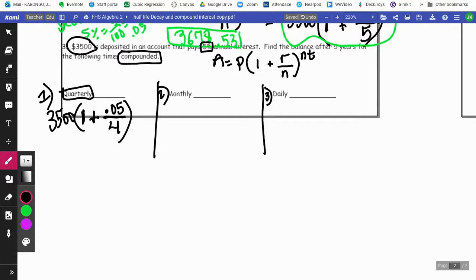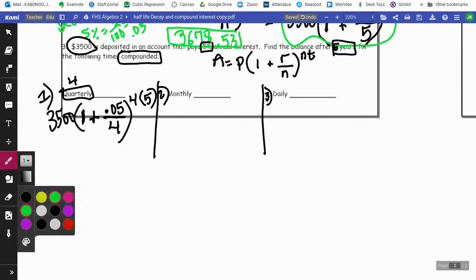Then you put 4 for the n, and for t it's given right here as 5 years. You put 5.